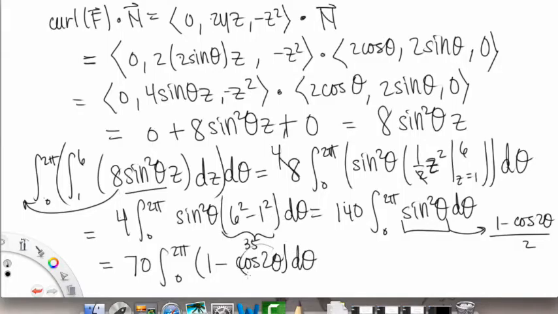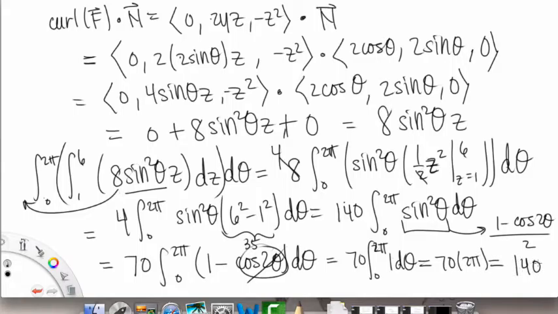Again, in the integration, the cosine term goes away because we're integrating over a full period. So we get 70 times the integral from 0 to 2 pi of 1 d theta, which we found to be 70 times 2 pi, which is equal to 140 pi. Okay, so this is the answer to part 2. This is our approach from the right side.